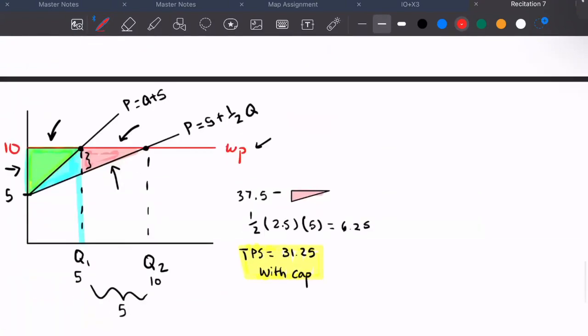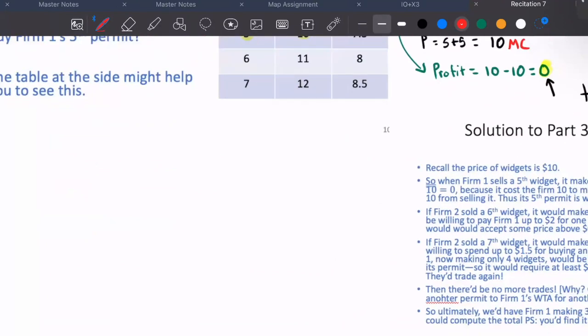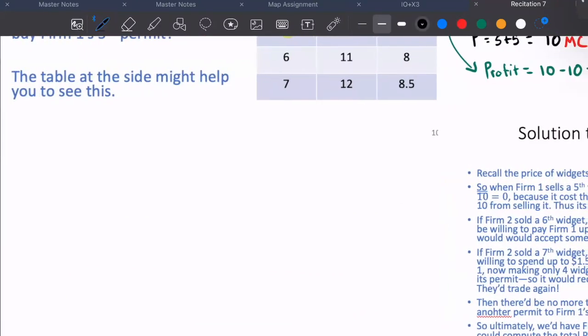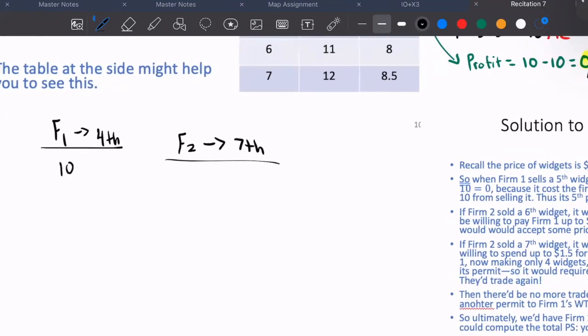Now, we can actually keep going until they no longer want to trade. So now we're going to figure out firm 1's value of their 4th unit, and compare it to firm 2's value of their 7th unit. The revenue is going to stay the same, 10 for each.